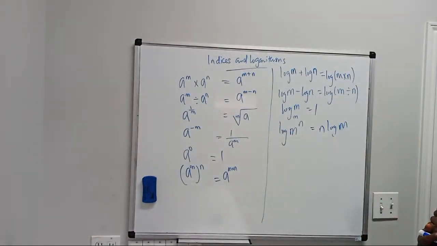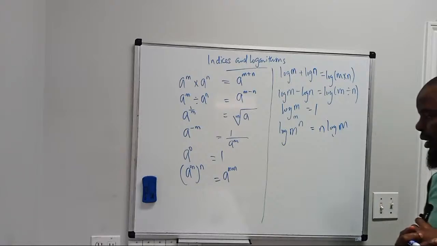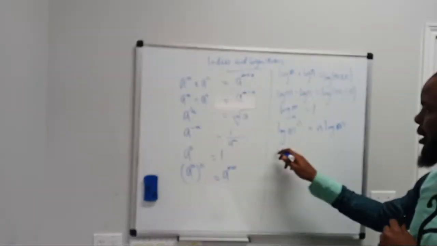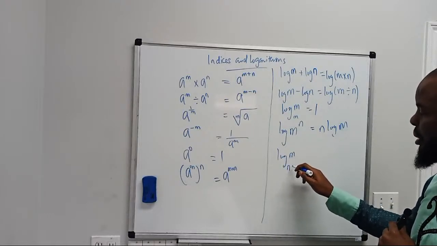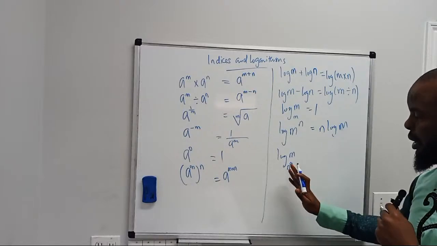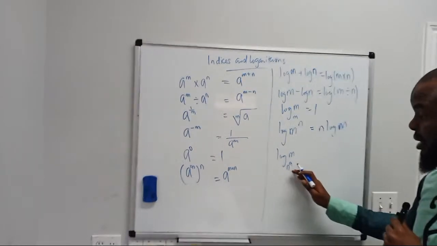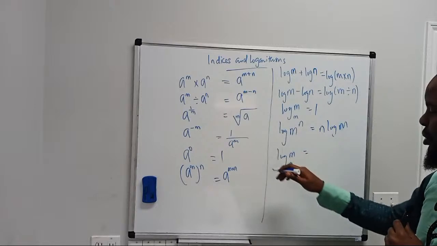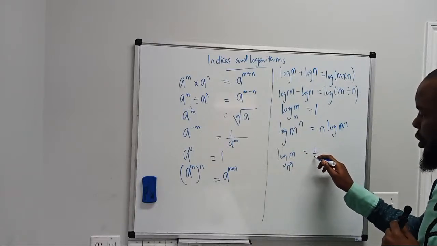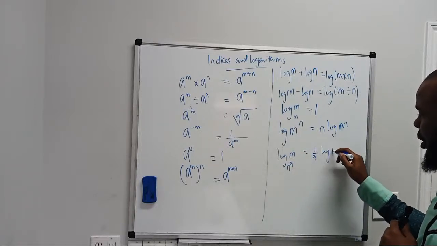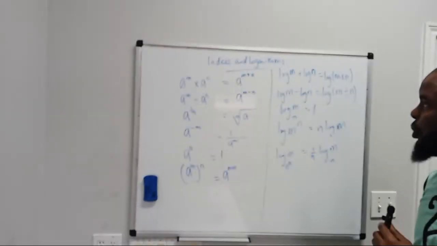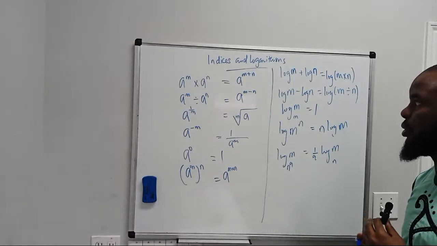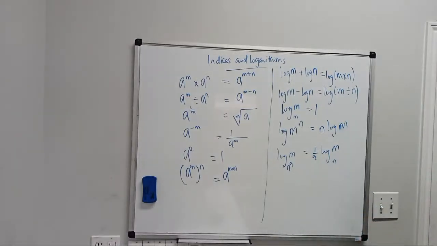These are the major rules of logarithm. And also, if you have log of n to the power of a with the base m, the base has its own power; if it goes to the back, you can have 1 over a log n. So these are the major rules or laws of indices and logarithm.